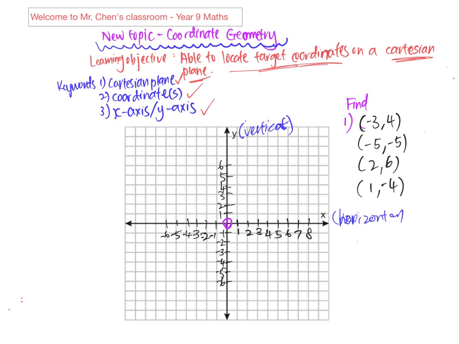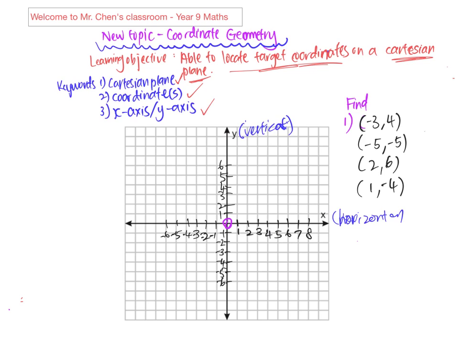Alright, so you can pause the video and try to work it out, and resume the video after you think you got the answer. Okay, you might find it a bit difficult at the beginning, but it will come. I will explain further as well, and we'll do more practice on it. So let's get on to the answers.